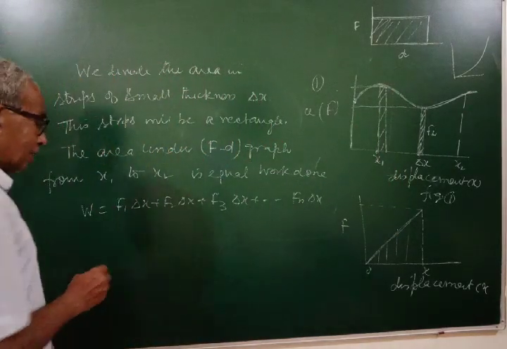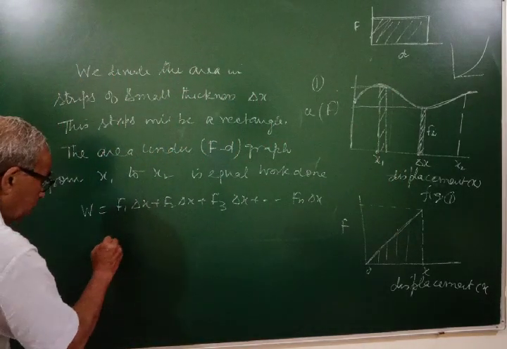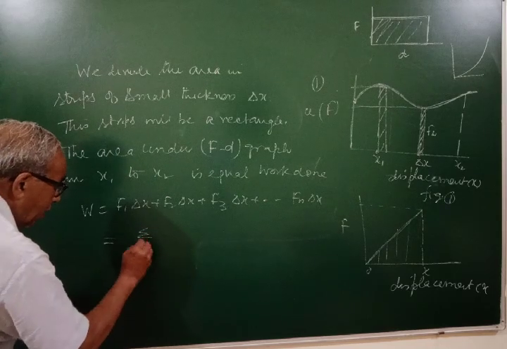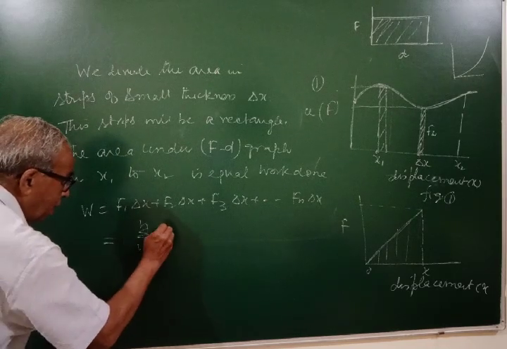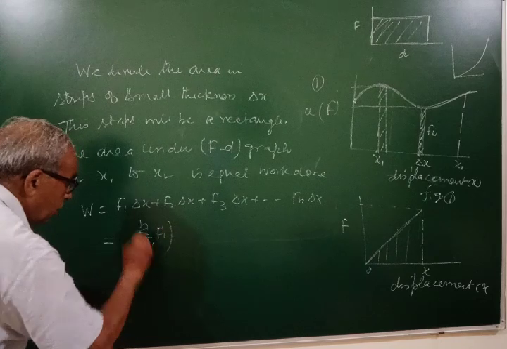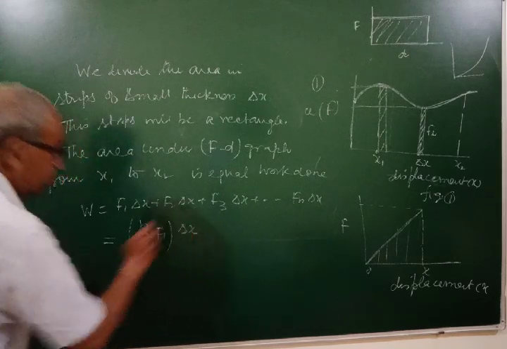Here delta x is the same. In notation we can write the summation from i equal to 1 to n of Fi into delta x.